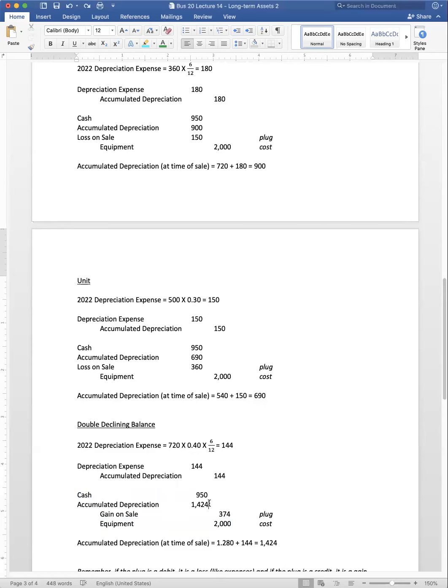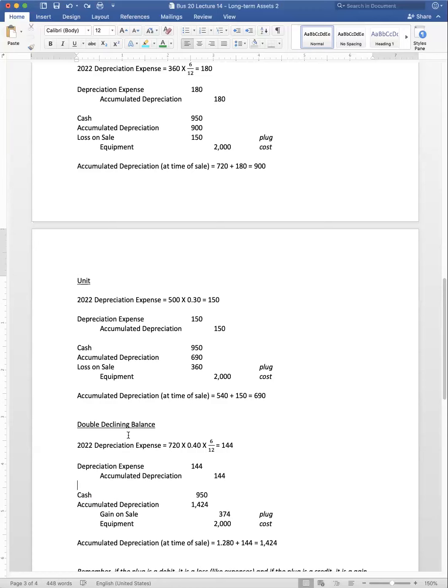What was different was the amount of accumulated depreciation. Now, notice in the first example with straight line, we had a loss. In the second example with unit, we had an even bigger loss. But in the example with double declining balance, we had a gain. The only thing that is deciding whether it's a gain or a loss is the amount of accumulated depreciation.